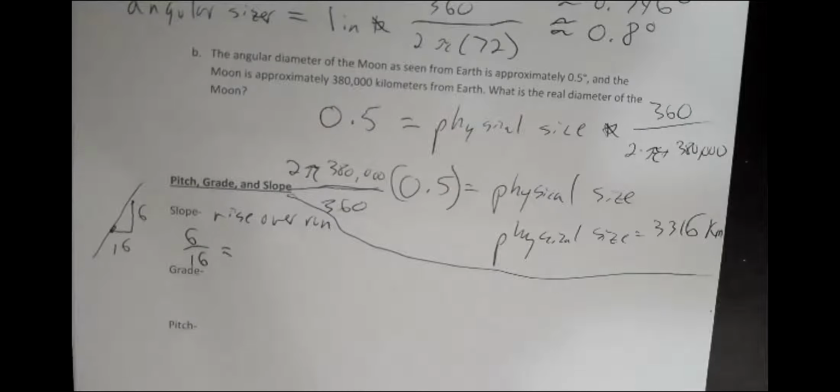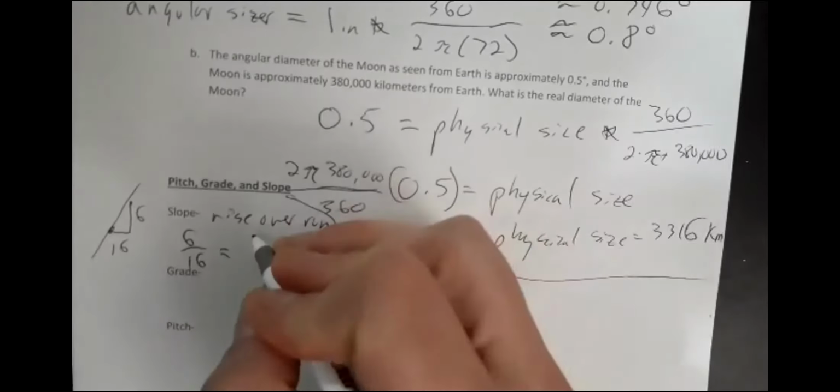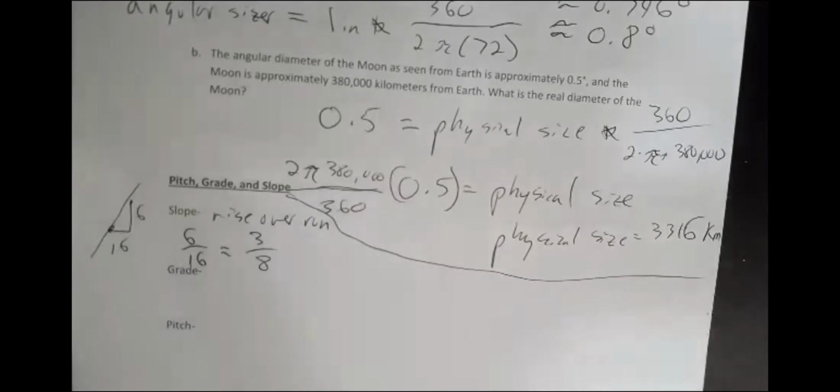And I'm really picky. But anyway, divide everything by 2, and you get 3/8. So if you tell me 6/16 or 3/8, 3/8 would be the more appropriate thing to say. When I'm talking about slope, we typically try to give you the reduced fraction. So I would say the slope of this thing is 3/8.